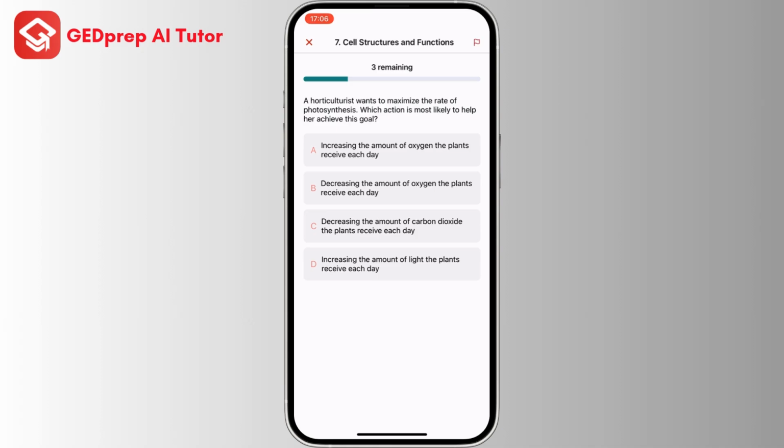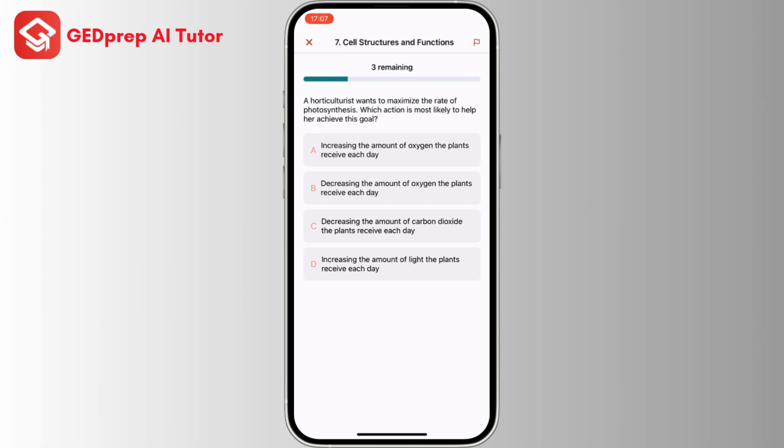Question 2. A horticulturist wants to maximize the rate of photosynthesis. Which action is most likely to help her achieve this goal? Option 1. Increasing the amount of oxygen the plants receive each day. Option 2. Decreasing the amount of carbon dioxide the plants receive each day. Option 3.